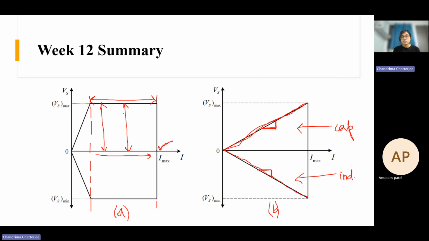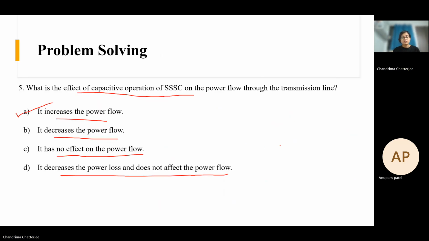But within this operating region, the voltage is maintained constant, whatever the line current. For reactance control mode, a particular reactance is maintained. That's why the voltage and current vary linearly: as the current varies, the voltage varies linearly. So these are the two control characteristics.